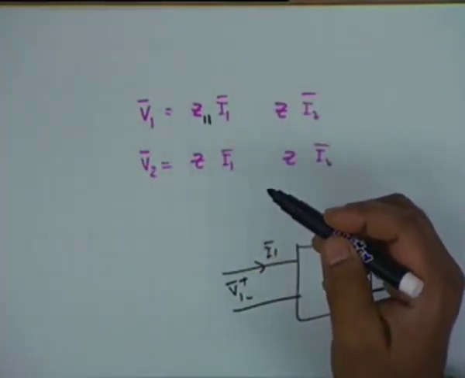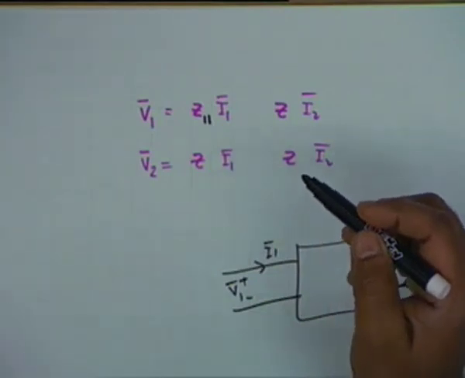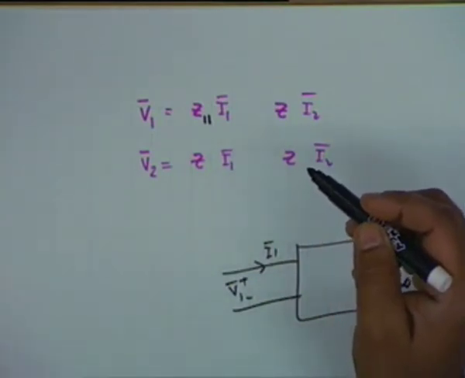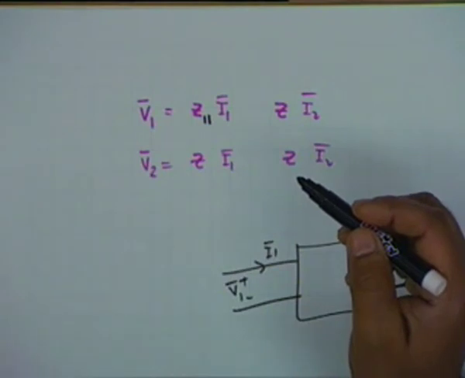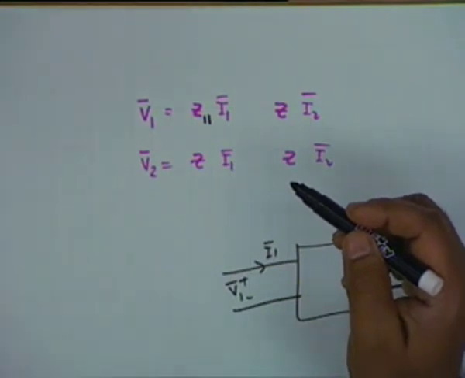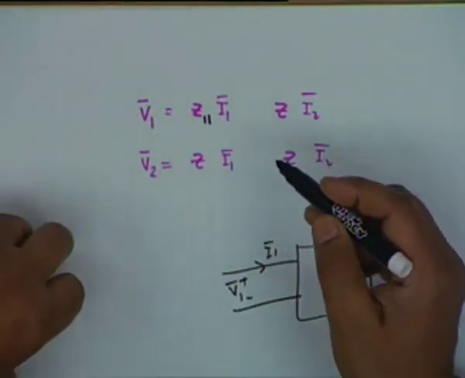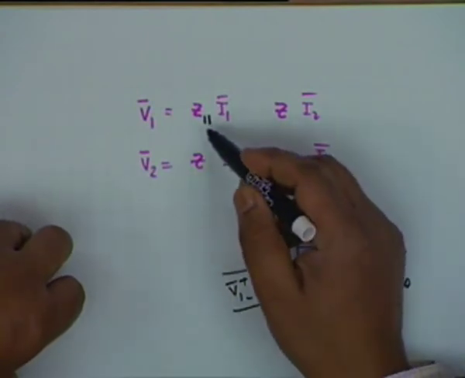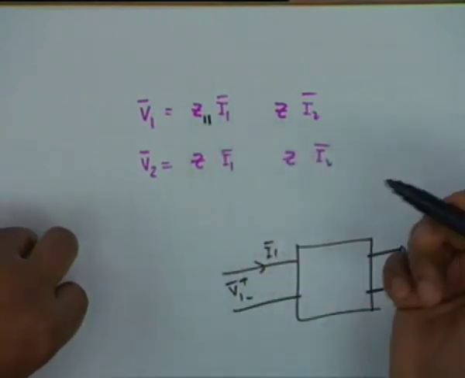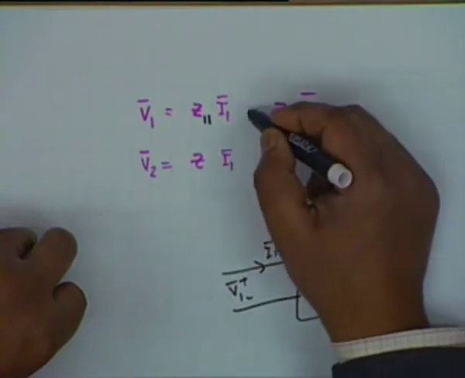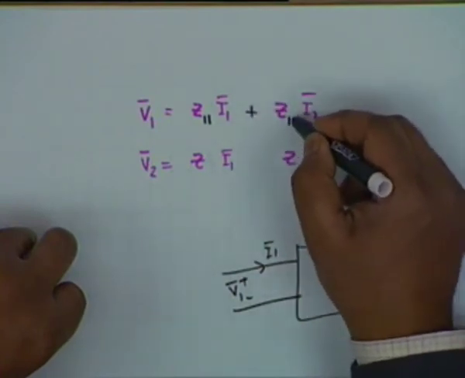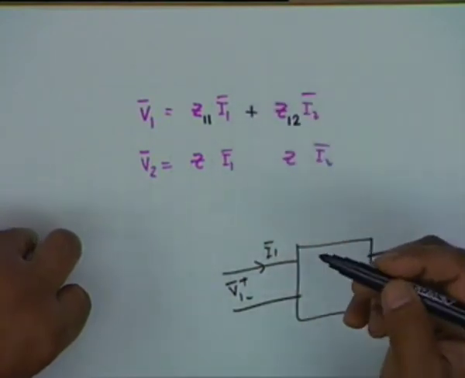Question is, why 2 subscripts? Well, 2 subscripts are needed because the transfer impedances require 2 subscripts. So to keep uniformity, we maintain 2 subscripts for the driving point impedances also, and from the same consideration this will be called Z12.